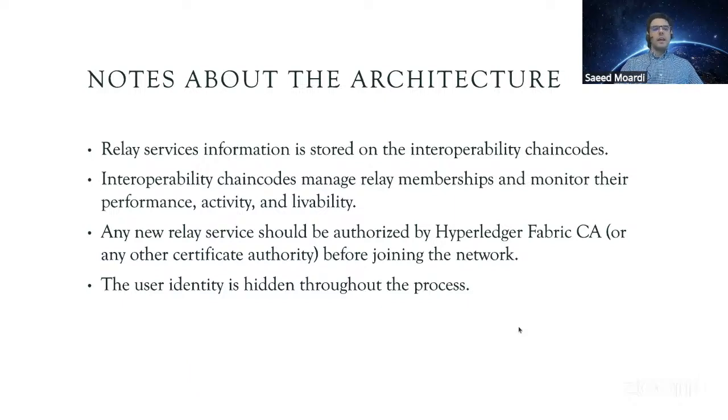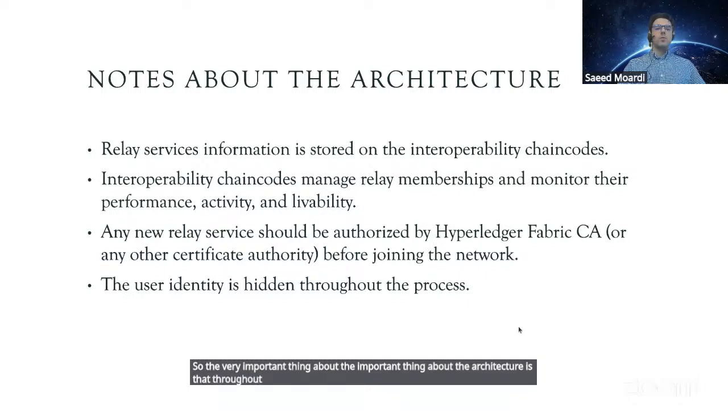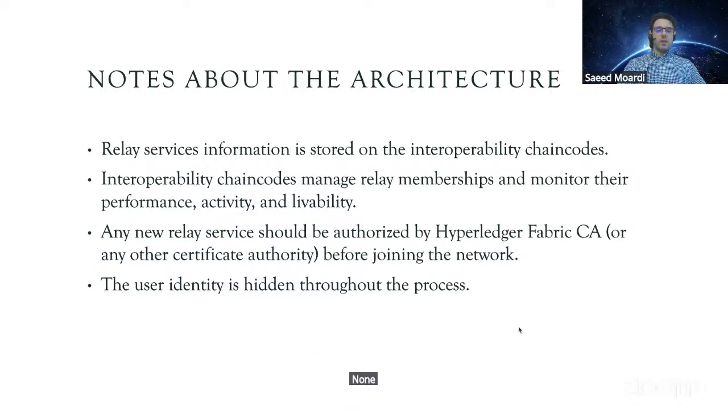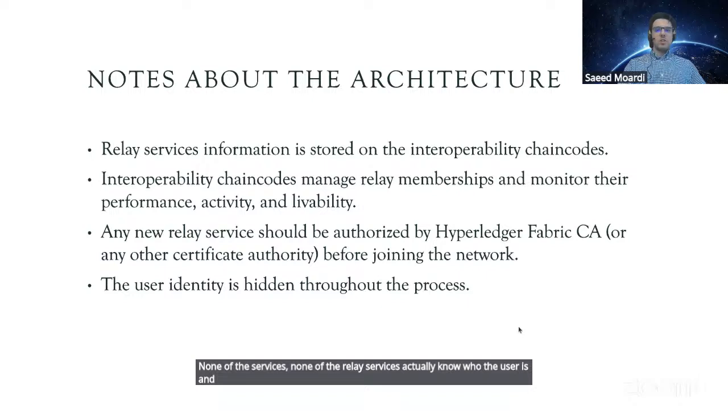And lastly, the user identity is hidden throughout the process. A very important thing about the architecture is that throughout the process of forwarding the message to different relay services, none of the relay services actually know who the user is and who is sending this message. This is to ensure that no one is going to monitor the activity of a user, especially the Hyperledger user.